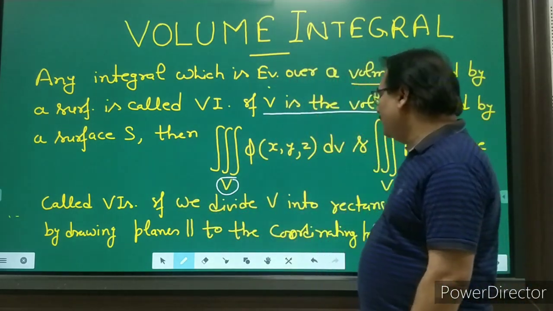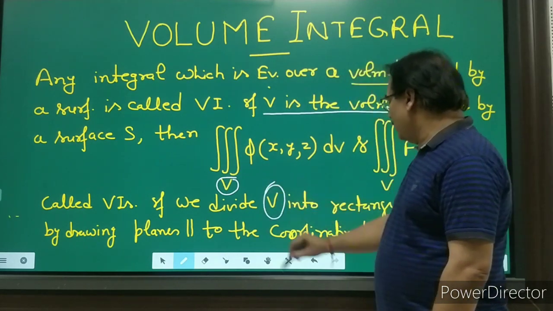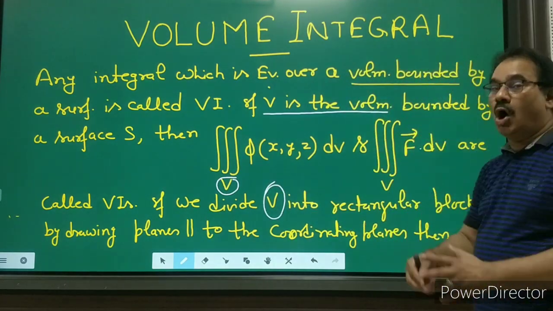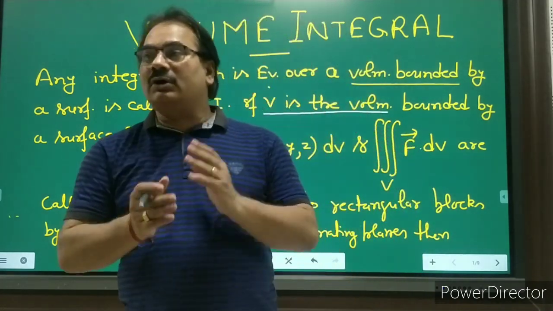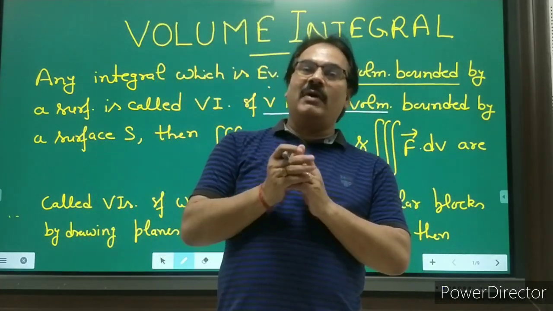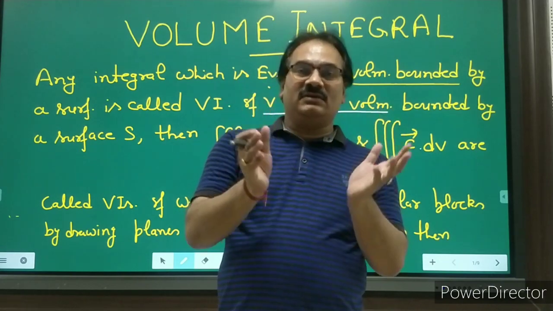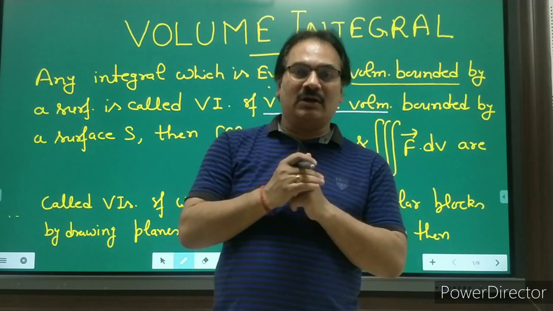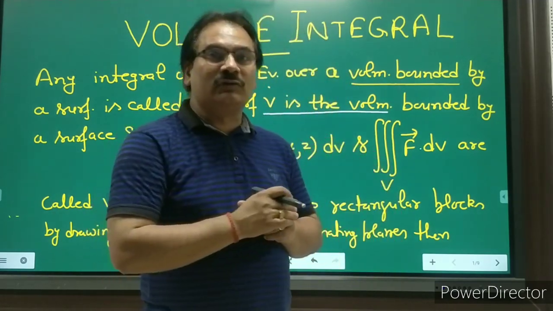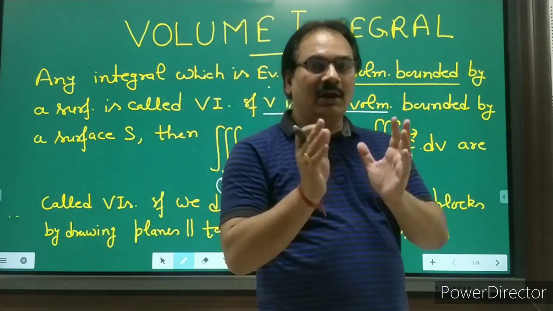If we divide this volume V into rectangular blocks, like the example of a cube or cuboid, you know how many surfaces are associated with every 3D figure.